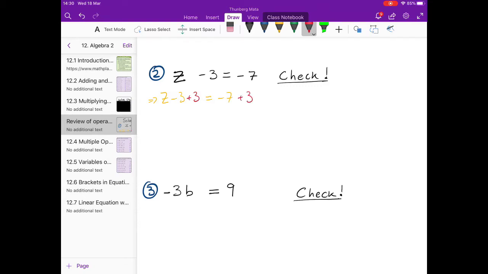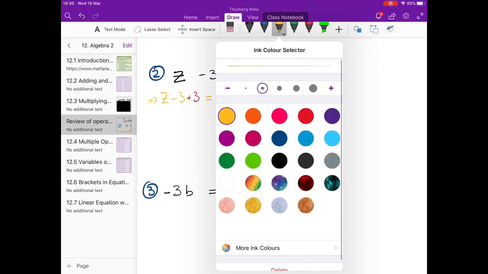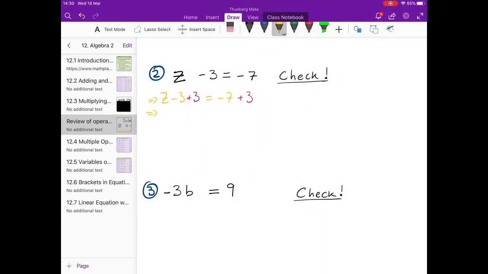Then I will end up with z minus 3 plus 3, which will cancel and give me 0, is equal to minus 7 plus 3. So negative 7, and I add positive 3 to it, will bring me to negative 4. So then I have z is equal to negative 4.